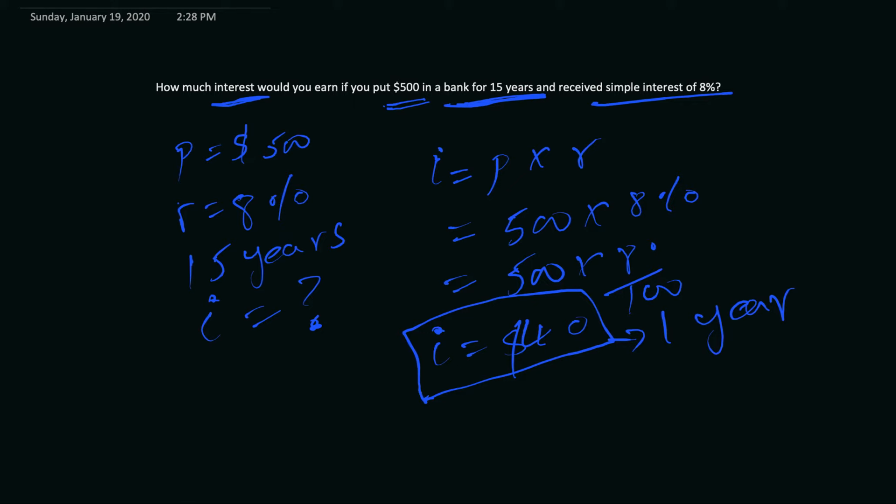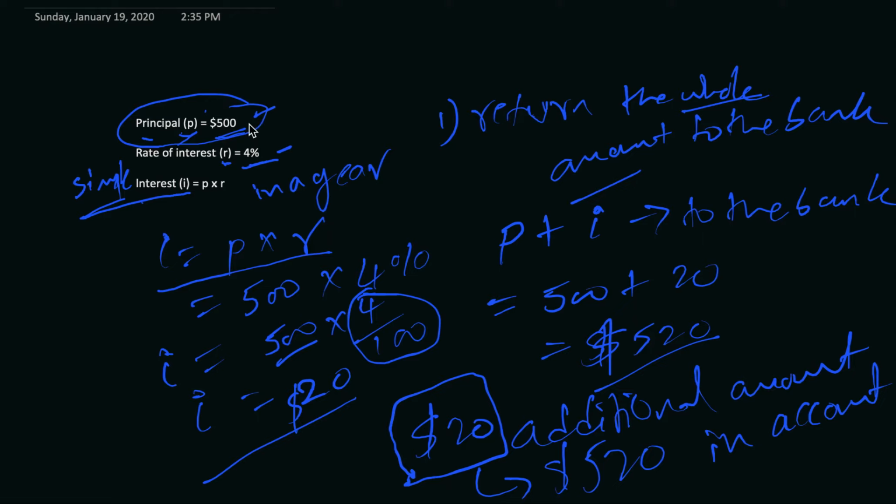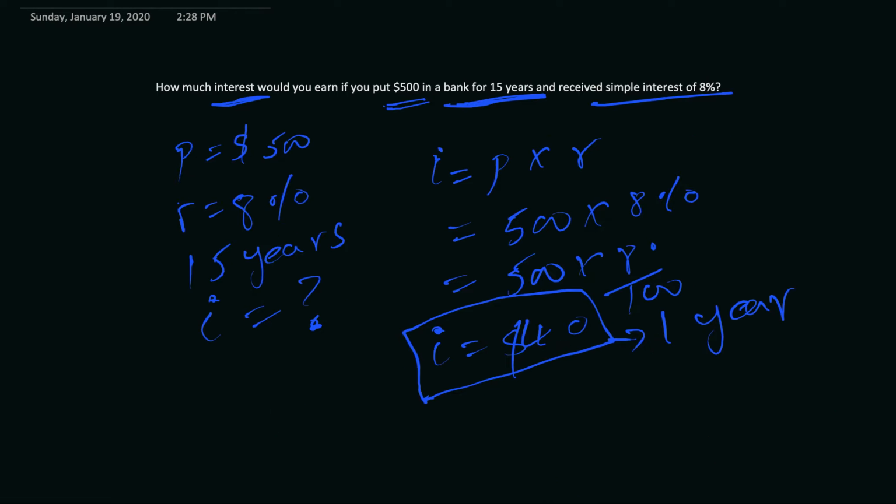If you go back to the example that we did, whenever the rate of interest is given, it's always per year. But since we have deposited the money for 15 years, all we have to do is multiply this $40 by 15. Again, because we are putting the amount in a bank for 15 years.